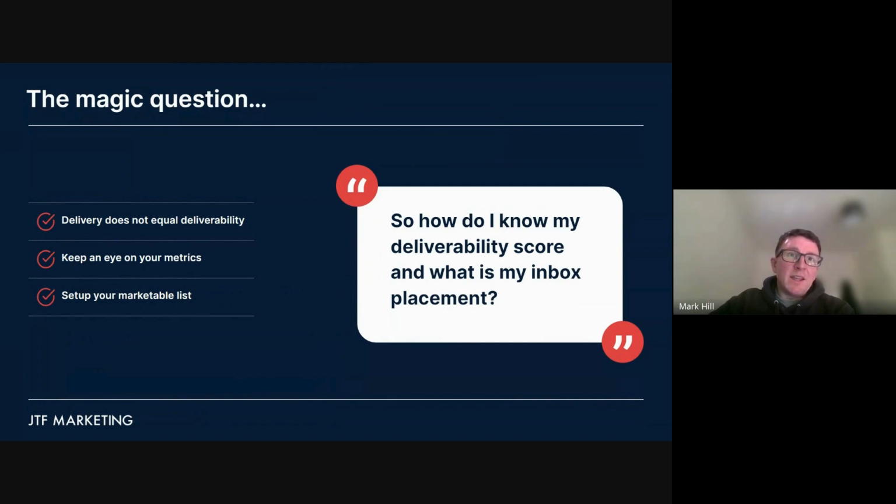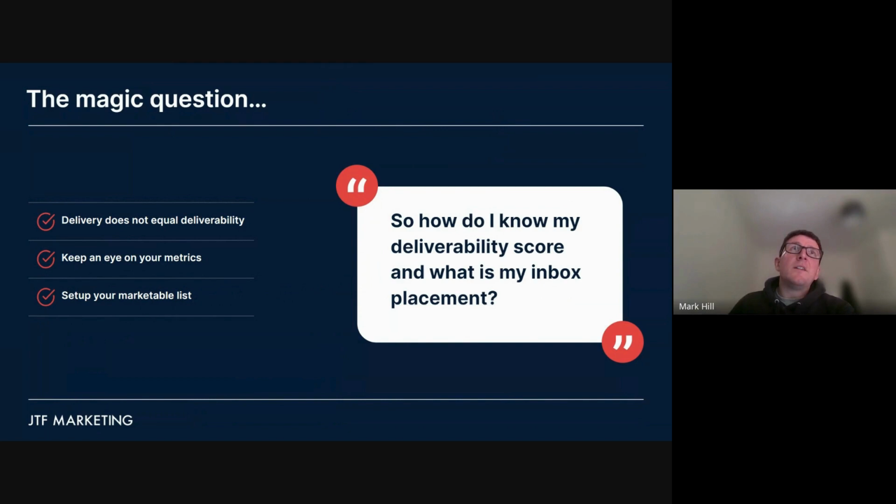But then the best way is just to monitor your open rates and the various email metrics that I mentioned earlier. Look at them on a campaign level, but also look at your global metrics so you can identify overall how you're doing. Then you can pinpoint any anomalies.